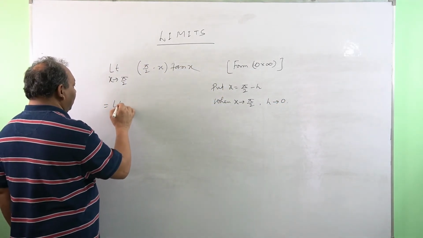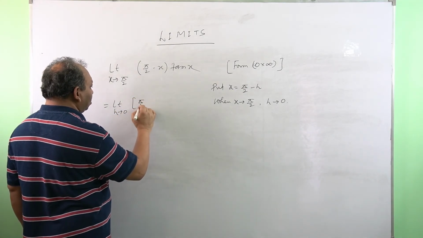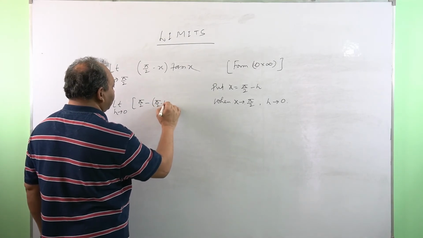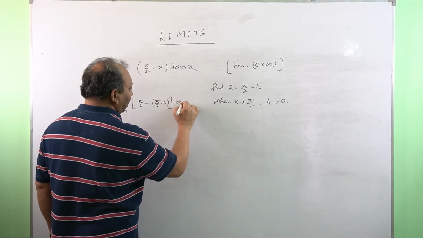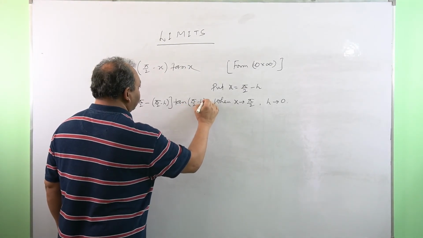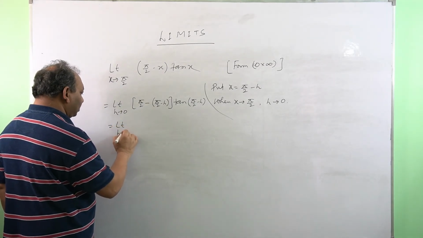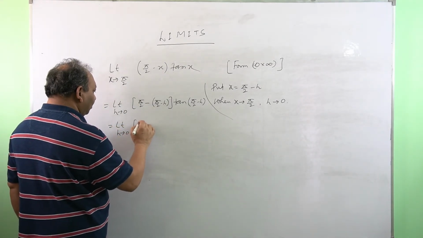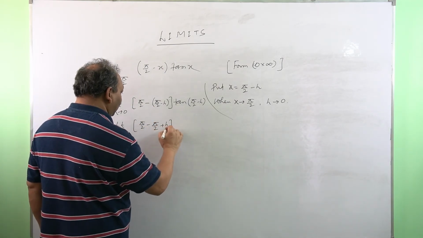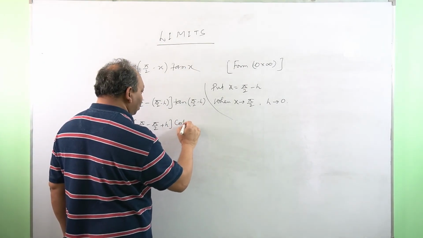So the limit becomes limit h tends to 0, (pi by 2 minus (pi by 2 minus h)) into tan of (pi by 2 minus h). That is limit h tends to 0 of (pi by 2 minus pi by 2 plus h) and tan (pi by 2 minus theta) is cot theta, so cot h.